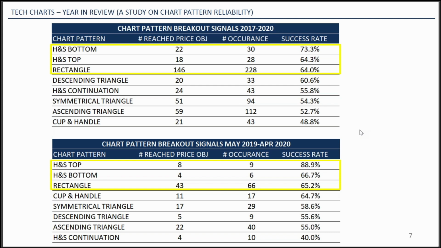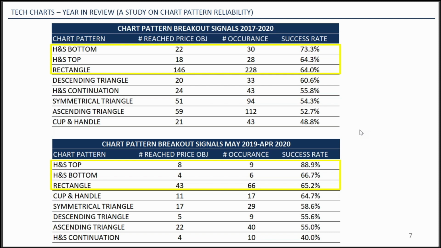So when you're seeing that I have identified 228 rectangles, probably there are 500 rectangles. There are just too many opportunities that sometimes I get to select the best looking ones, or the ones that are breaking out to all-time highs and so on.